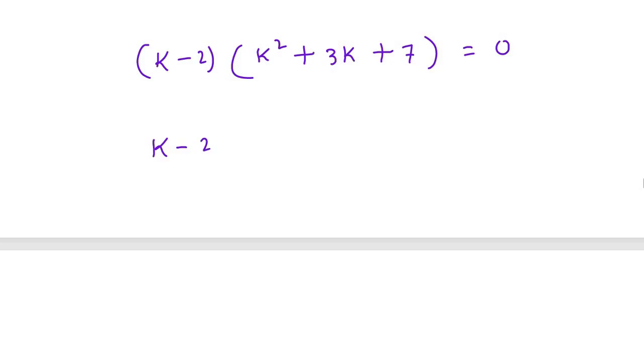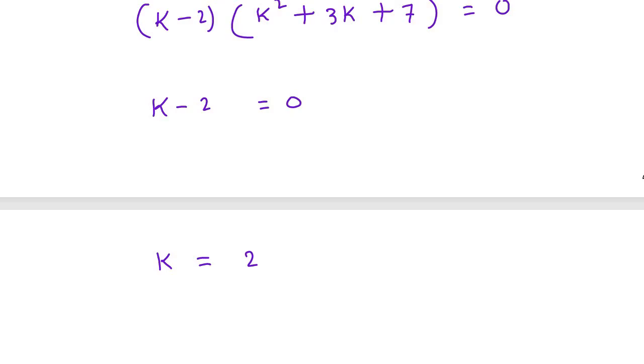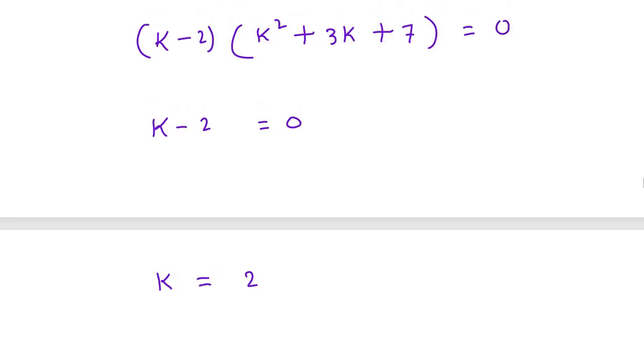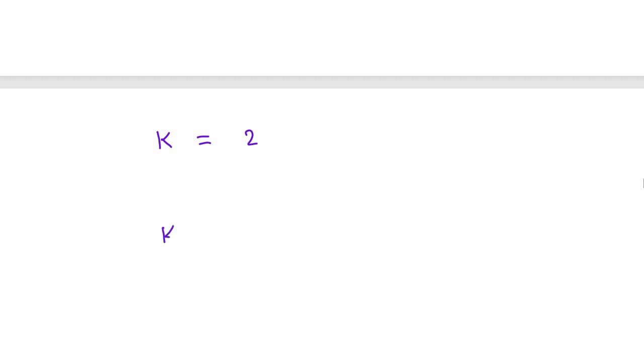Then we get k minus 2 equals 0. From here we get k equals 2. And another term, k square plus 3k plus 7 equals 0.